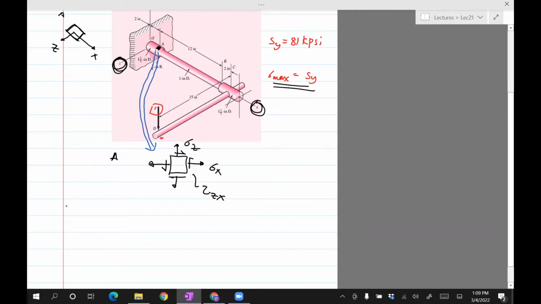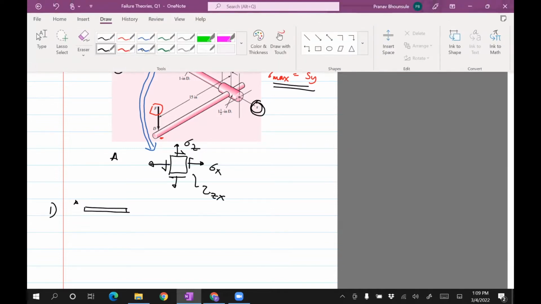Okay, so now let's do step one, which is compute sigma z, sigma x, and tau zx. Now, we know that if a beam, let's just think of this like a beam, is loaded in this fashion F, then this F will induce a bending moment.